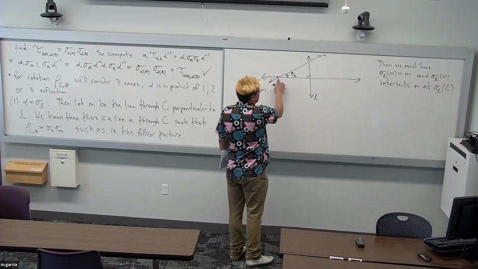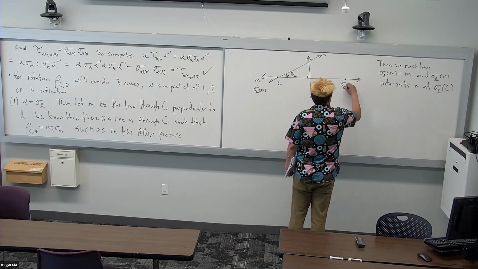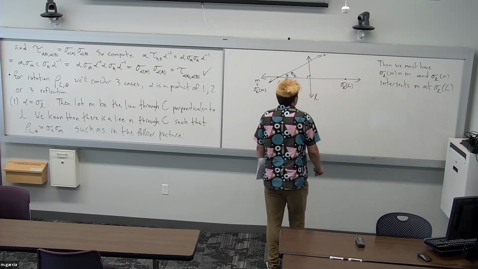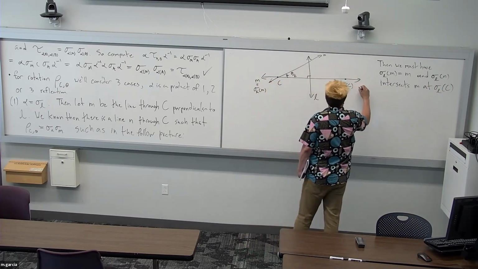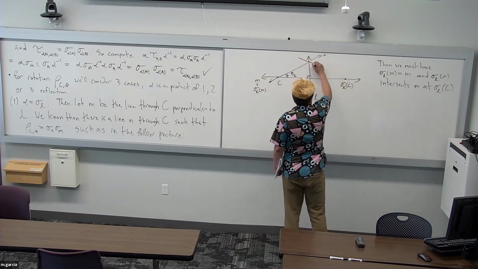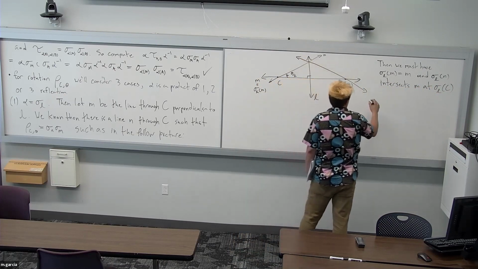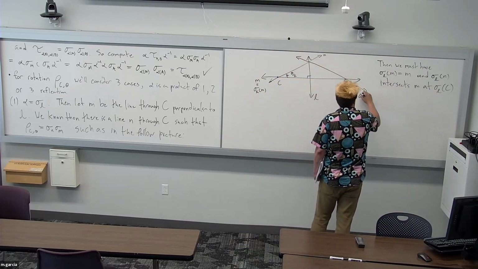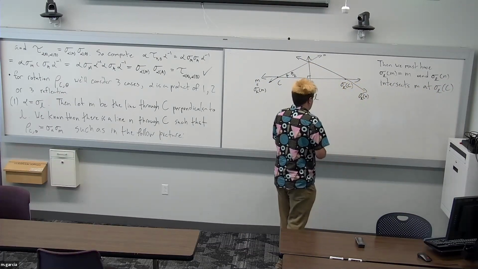C is here. When I reflect it over L, it comes here, right? Or approximately here. Sigma sub L of C. When I reflect this line N about L, I get this line. Right? This line is sigma sub L of N. Okay?